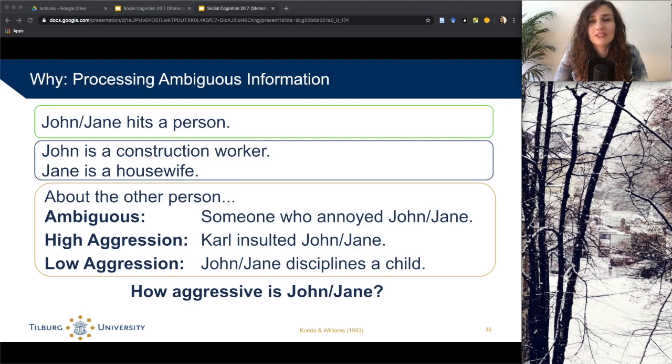Okay, so this study looks at the role of stereotypes where basically we have information about the actor, so there is individuating information available, and we have information about the circumstances.